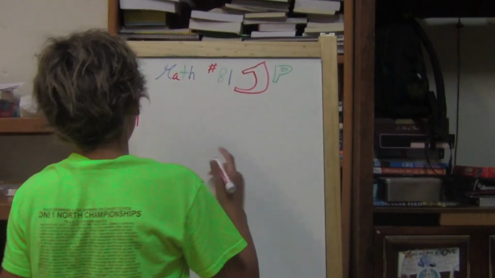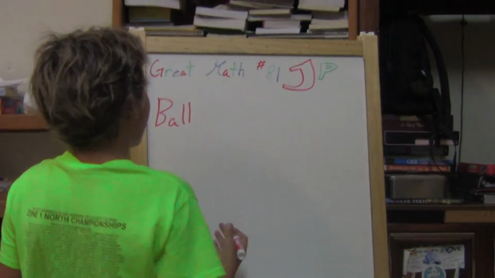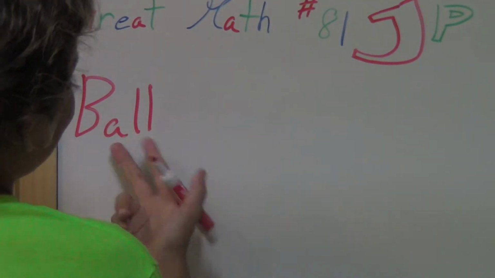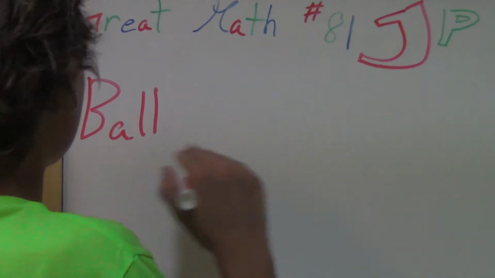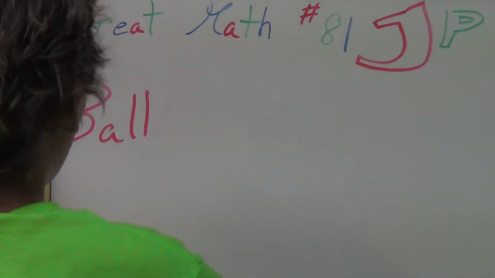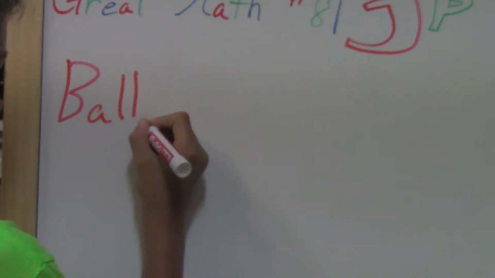Basically, we don't want to overcount the L's because they're identical. It doesn't matter. If we did this and we switched the L's, that is the exact same word. Ball is still ball, right? So we want to count in a different way. We see there are 2 L's.